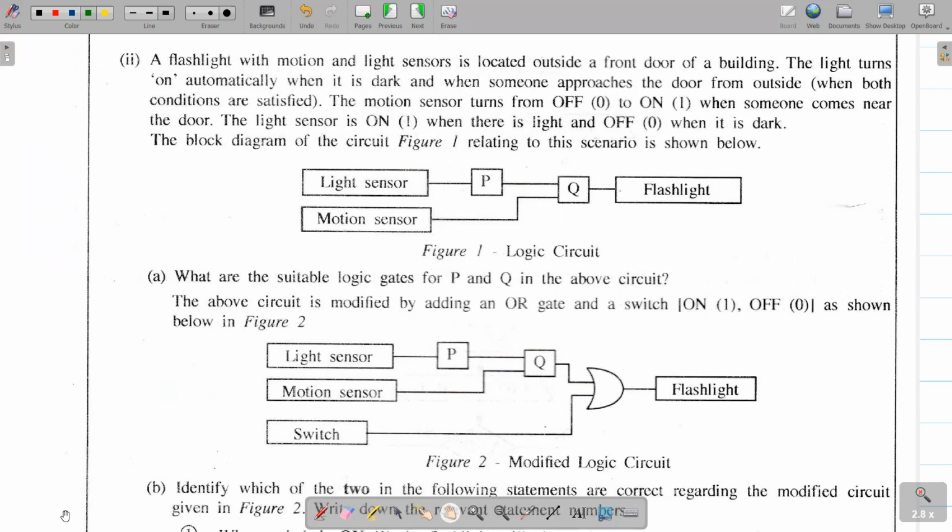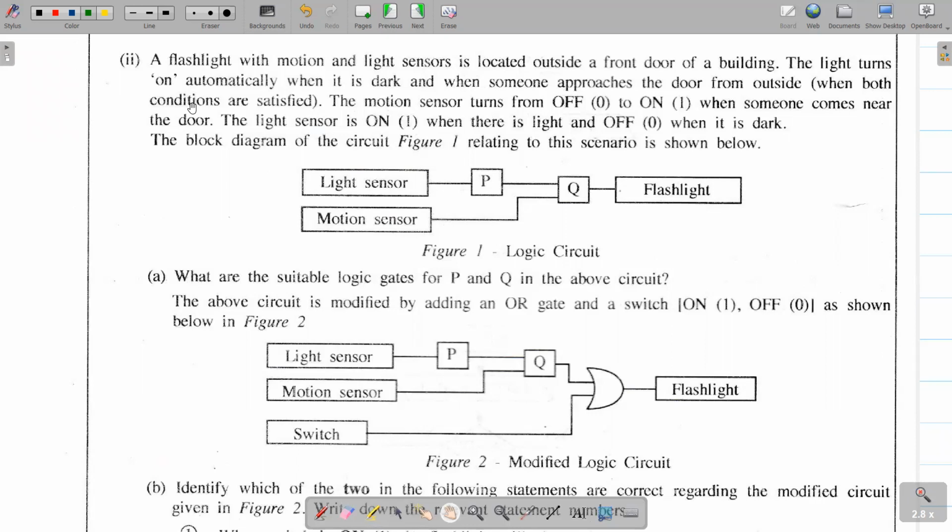The motion sensor turns from off to on when someone comes near to the door. The light sensor is on when there is light and off when it is dark. The block diagram of this circuit, figure 1, relating to this scenario is shown below. So part A is asking: what are the suitable logic gates for P and Q in the above circuit?